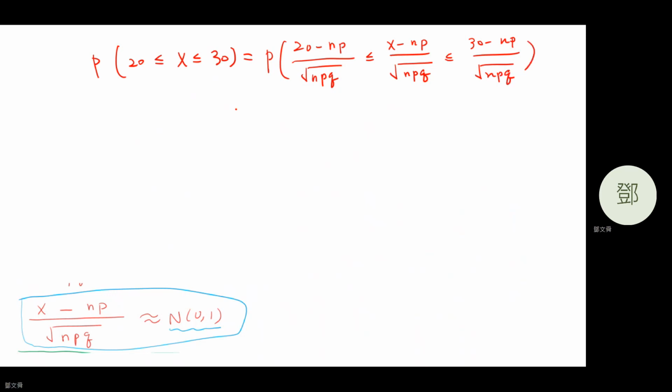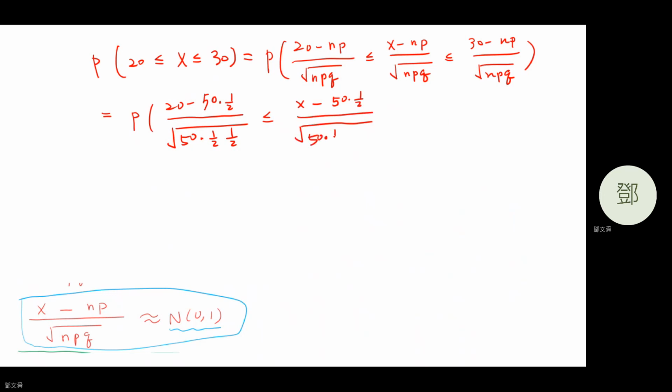So it is 20 minus 50 times 1 over 2, over the square root of 50 times 1 over 2 times 1 over 2, and 30 minus 50 times 1 over 2.